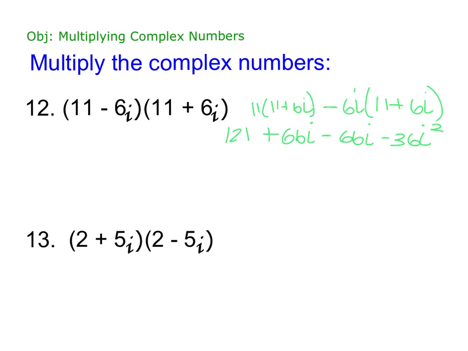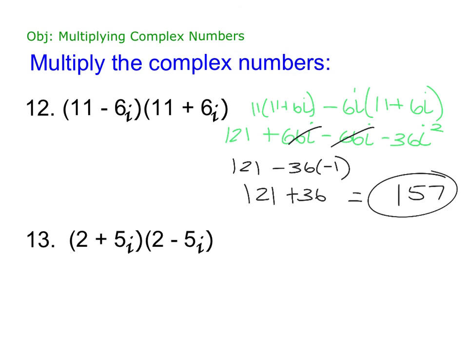Now what happens to those 66s? They end up canceling out, right? 66 minus 66 is 0. So this is 121 minus 36 times negative 1. 121 plus 36. So notice what happens there. We got an integer. All the i's disappeared.